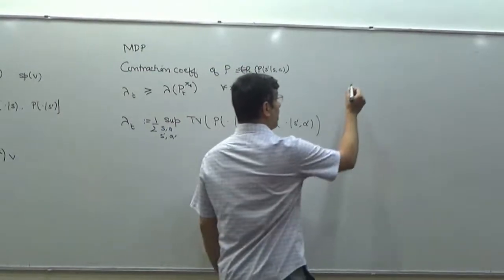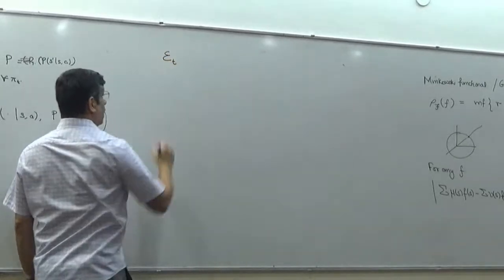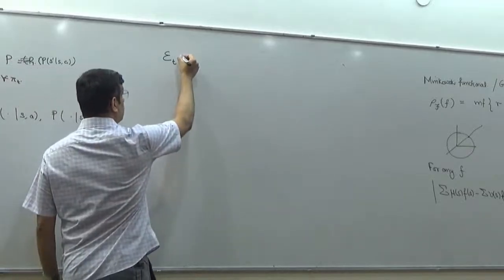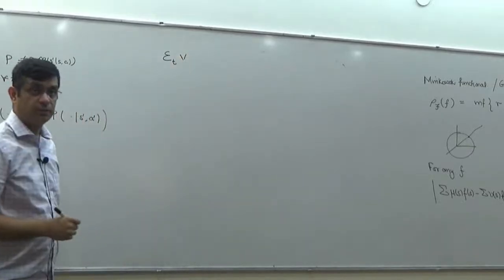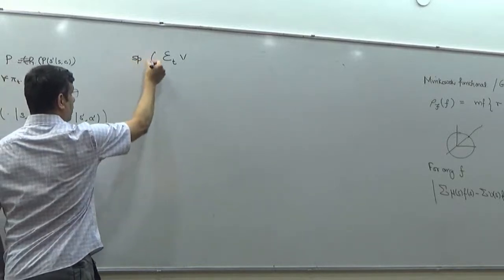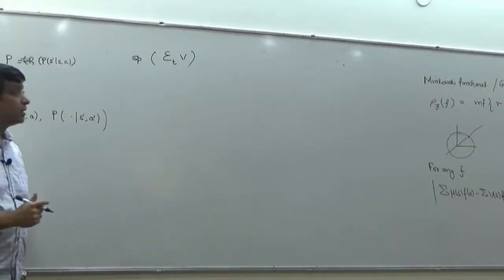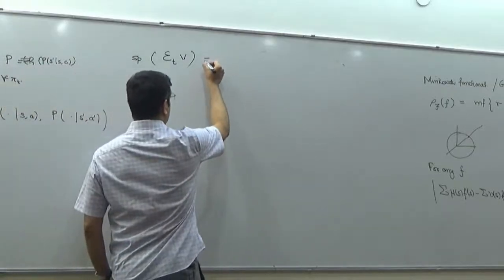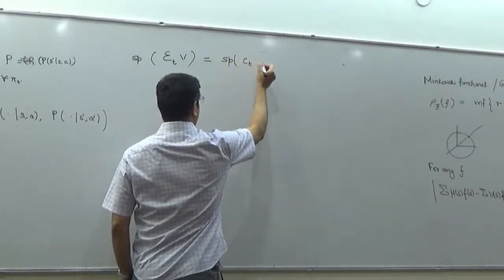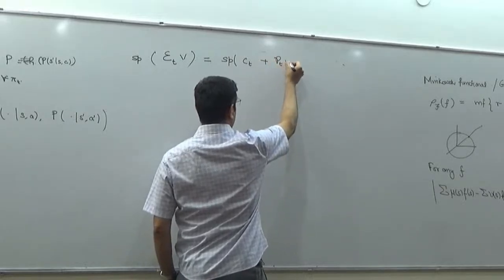If I take the environment operator and apply it to any value function, and I ask what is the span of this object, this will be equal to the span of the cost at time t plus the operator Pt applied to V.